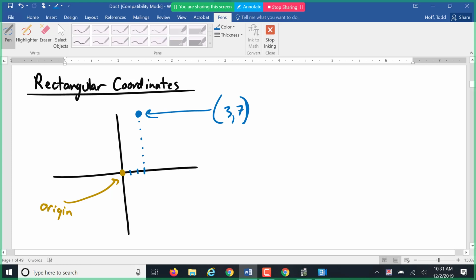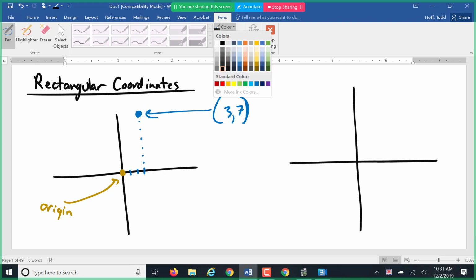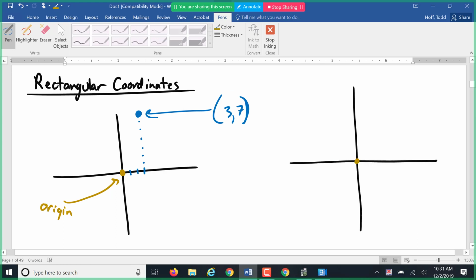Well, the other way of graphing points still revolves around an origin. But it goes back to that unit circle we discussed a couple weeks ago with finding trig functions. So that's our origin. But instead of having horizontal and vertical coordinates, we have directions. This is the 0 degrees direction, and the angles wrap around going counterclockwise.